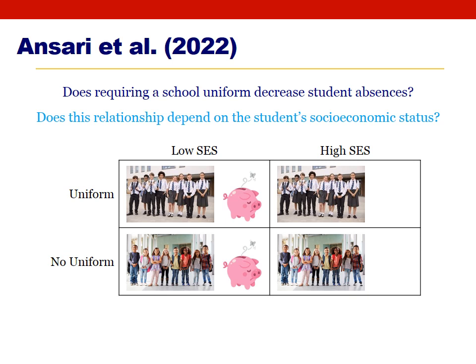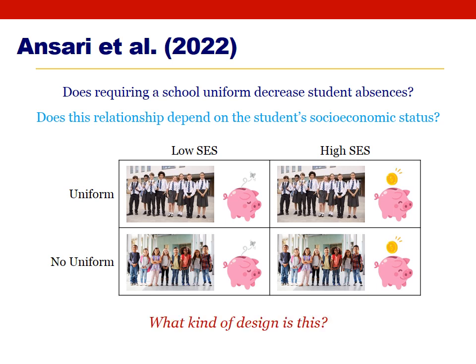Here's your lower SES schools and your higher SES schools. So again, here we have a 2x2 design. We're looking at every possible combination of these 2 variables. We've got some low SES schools that require uniforms, some high SES schools that require uniforms, some low SES schools that don't, and some high SES schools that don't. So in a sense, we've got 4 different groups or 4 different types of schools whose attendance we're going to measure.